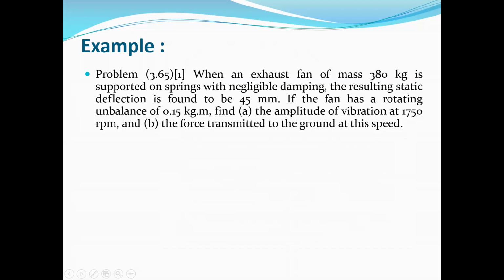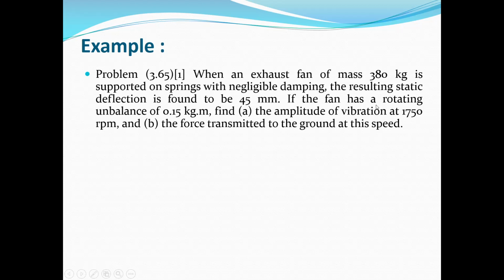we deal with a rotating unbalanced system. An exhaust fan of mass 380 kg is supported on a spring with negligible damping, so we don't have damping. The resulting static deflection is found to be 45 millimeter.